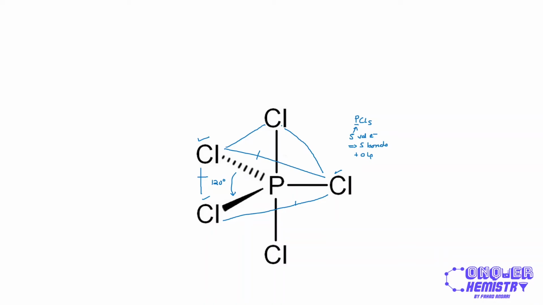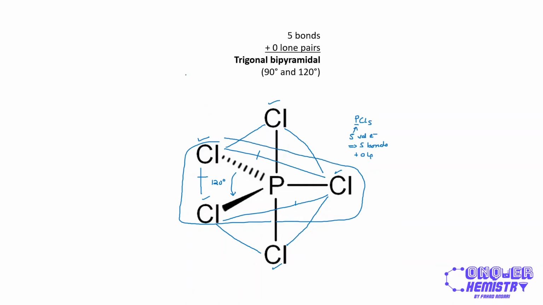And so we will have 3 triangles up here that are meeting at this vertex. And similarly, we will have 3 triangles, one on each edge of that flat triangle in the middle. And this will be the common vertex, the bottom chlorine atom. And so you will have 2 trigonal pyramids sharing the same flat base that I'm circling right now. And so as a result, the shape is going to be called trigonal bipyramidal, right?